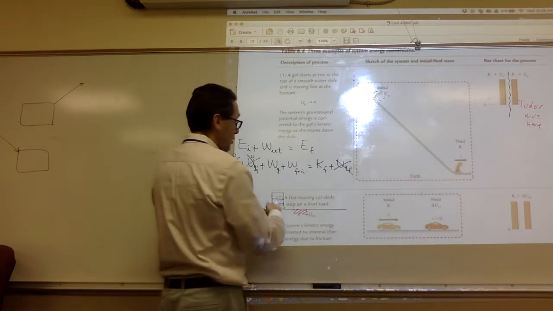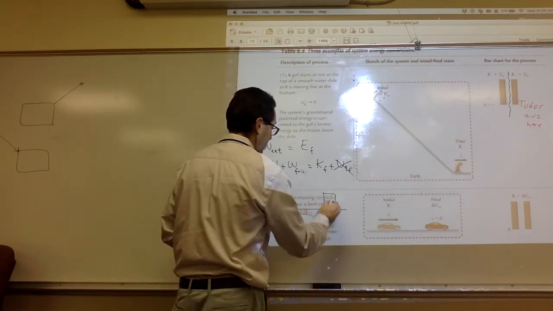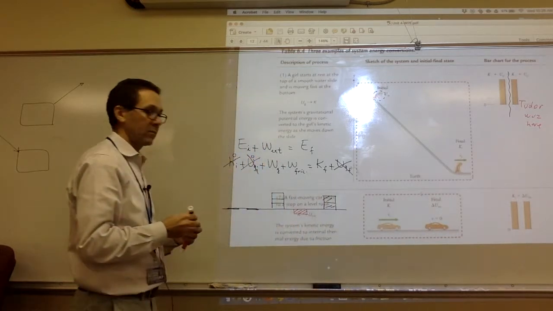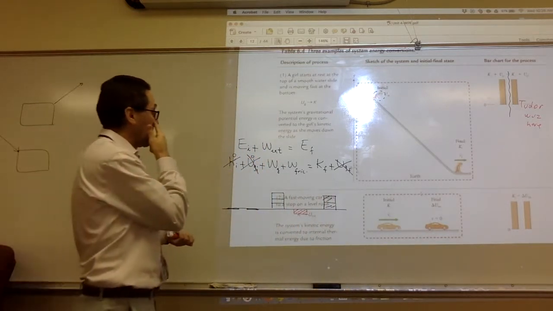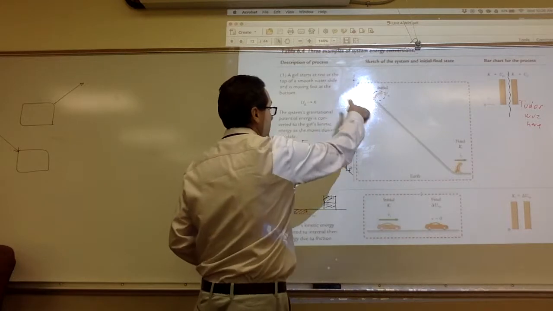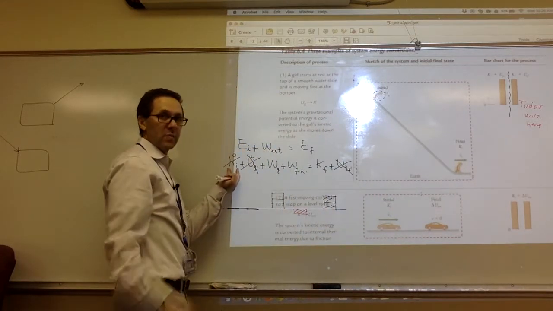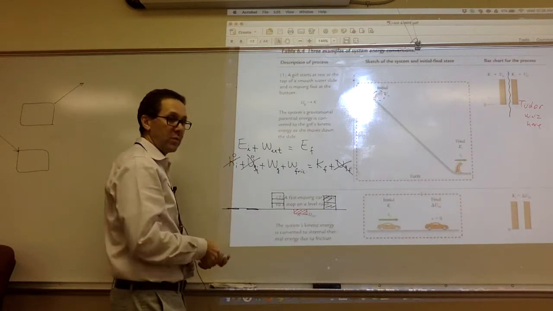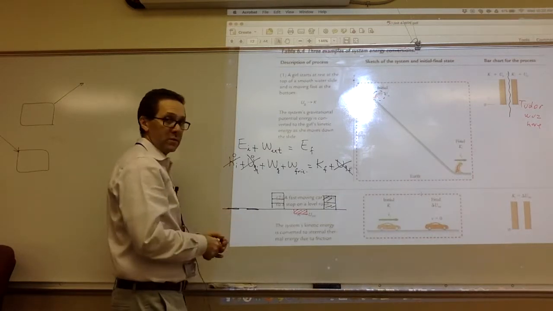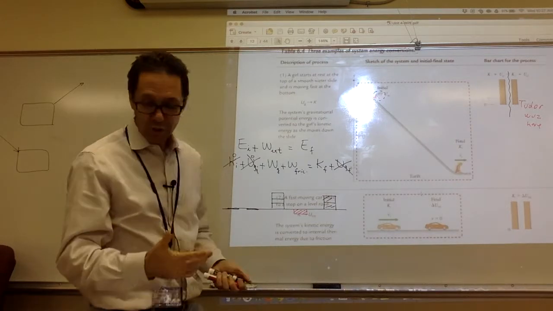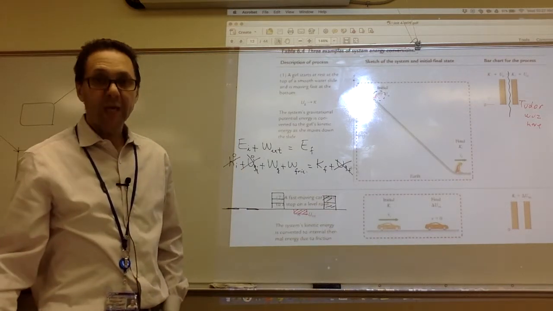Now, the combination of these 2 should give me my kinetic energy later. So that's 2 bars. Again, if we give the girl a push, the only thing that's going to change is this is going to become something. It's going to have a bar or 2 bars, whatever, depending on how hard you push her. So that's pretty much the energy bar charts.